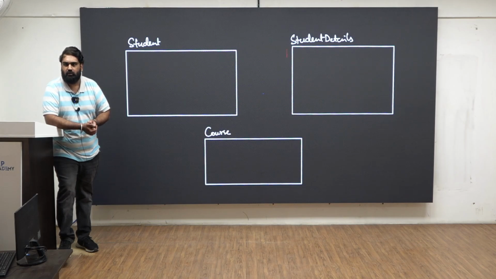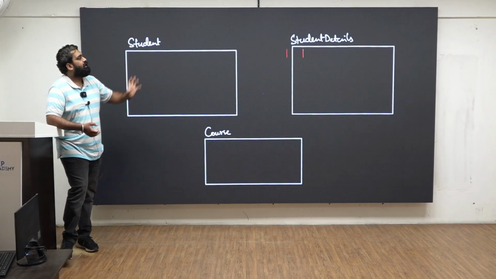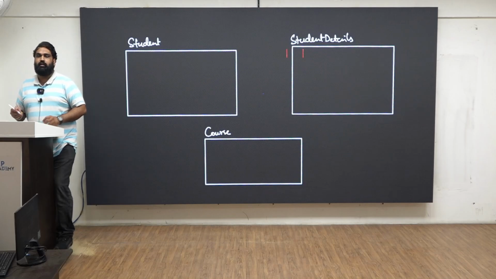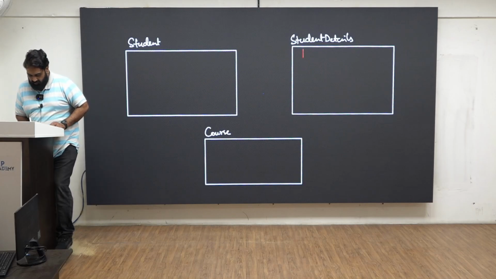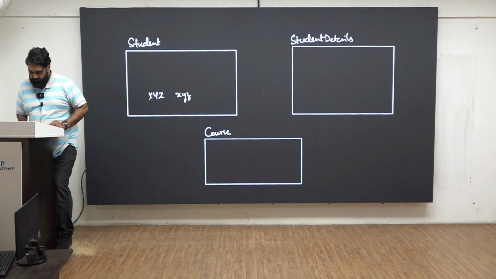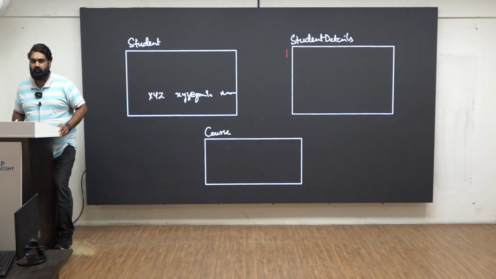Yes or no? So how will I represent this? See, assume that there is one student who is going to take an admission. The ID will be auto generated anyway. I will say XYZ is the name. Email ID I will collect as xyz at gmail.com. Then a mobile number I have collected.